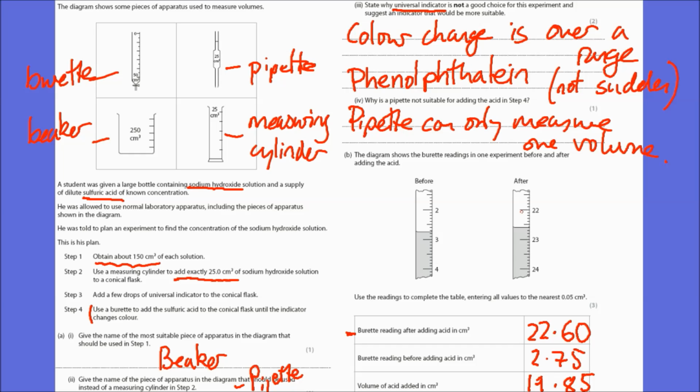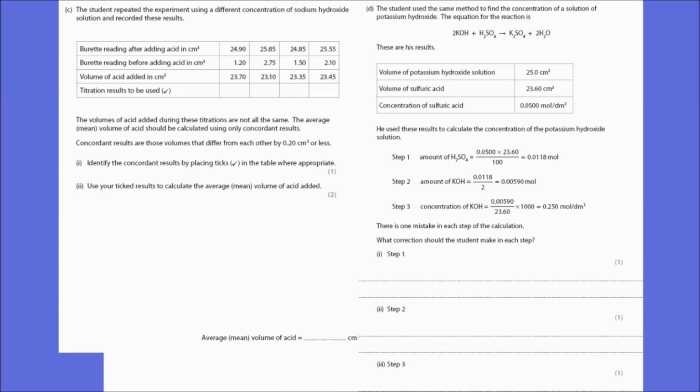Now if you've done sufficient practice of this, you should know that you'll be expecting some kind of calculation coming up. Before we do the calculation, they actually report the results which were recorded in this experiment, and they ask us to identify concordant results. Now concordant means results which agree with each other. So we have to look for results which are within 0.10 of each other, maybe within 0.20 of each other, and these two are very close together.